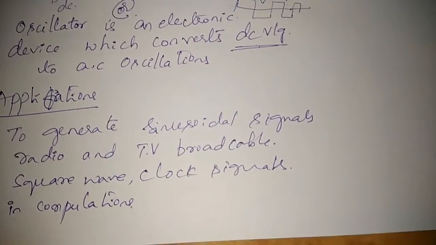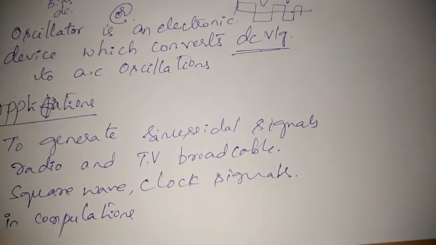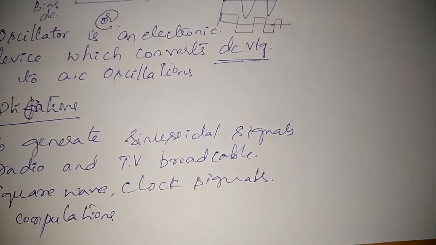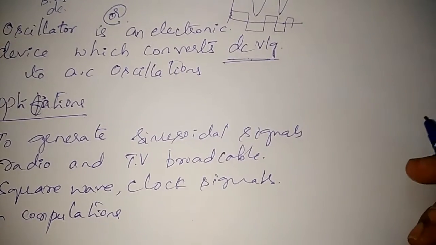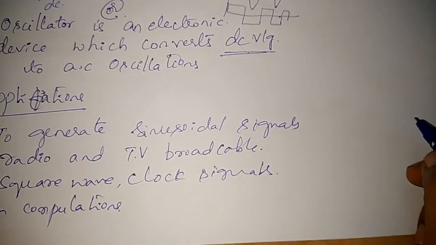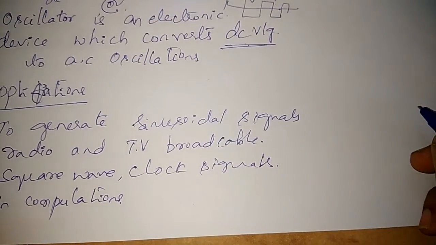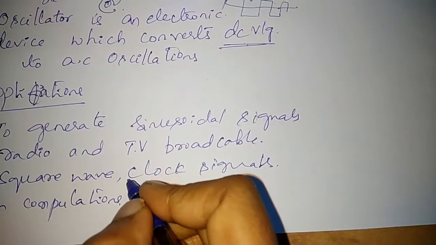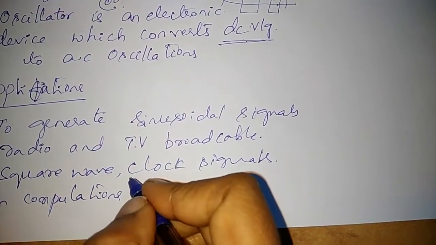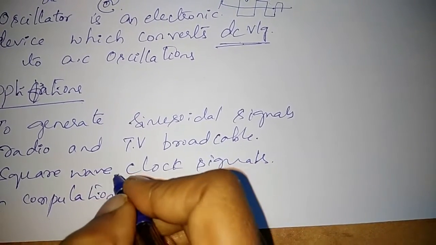Do you remember? There, if you vary the time period of the square wave, we can vary for how much time the LED should be on, or how much time the LED should go off. So you are varying the time period there by giving the square wave. In such cases also we will be using an oscillator, where you are using the square wave as a clock signal.